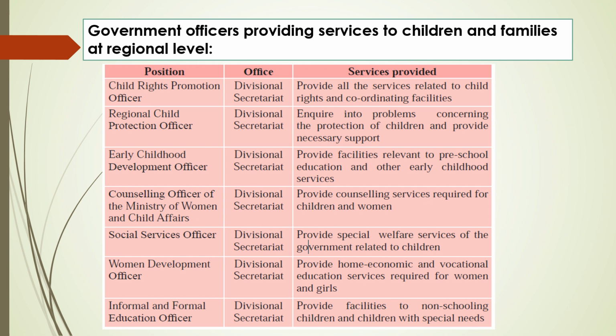These are the officers who work for the betterment of the children in our region. You must be aware of these officers, and when you have any necessary needs, you must approach these officers to get their support.